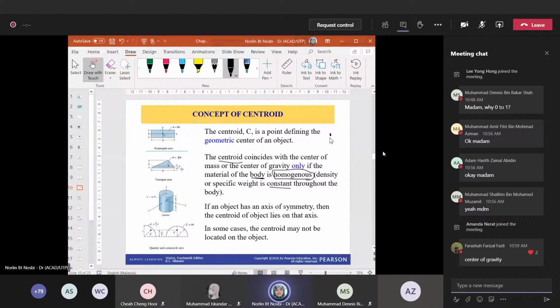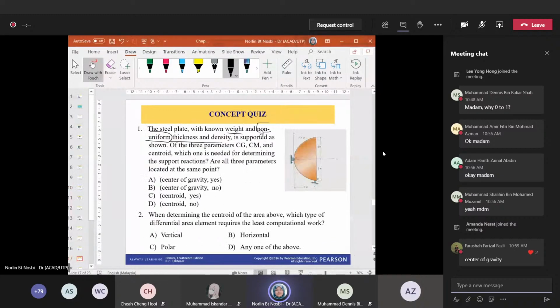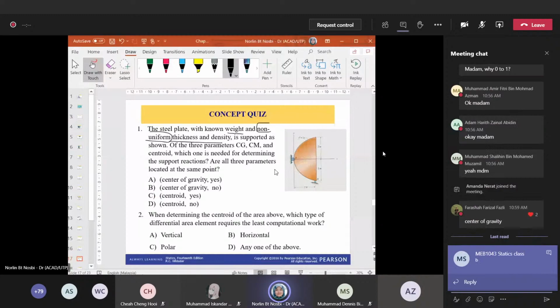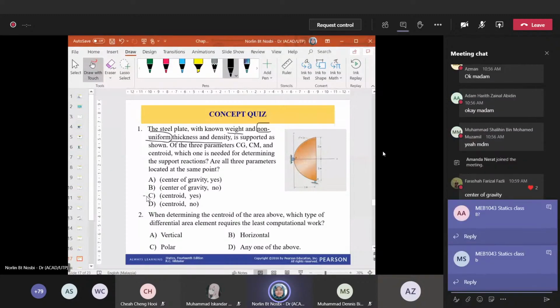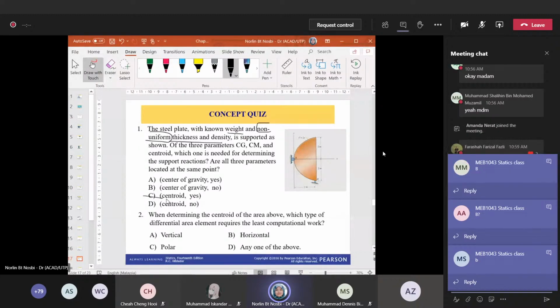So in our case, it is non-uniform. So which one defines the support for this structure? It would not be the centroid, because it is non-homogeneous.